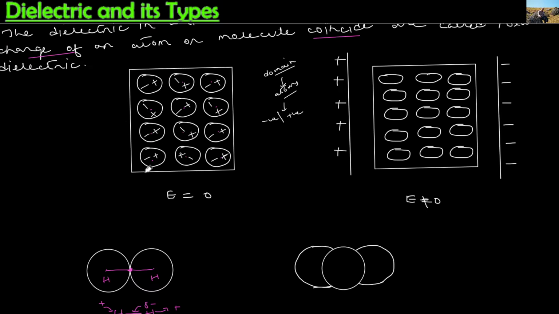But when you have a dielectric substance and there is no electric field, that means when E is equal to 0, the absence of an electric field, what will happen?